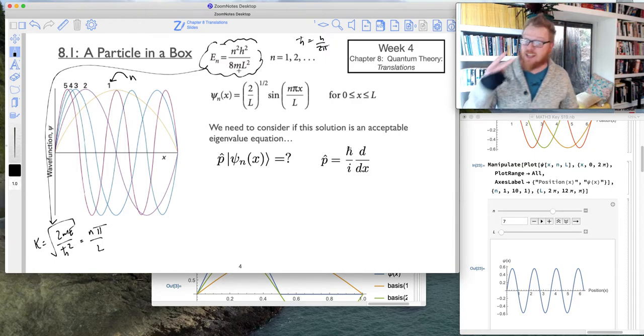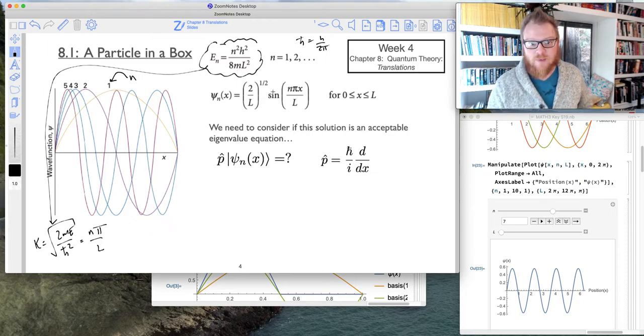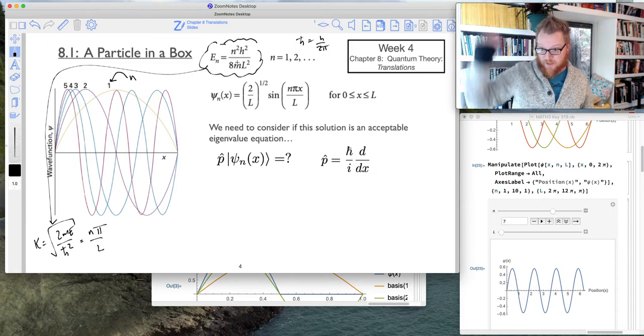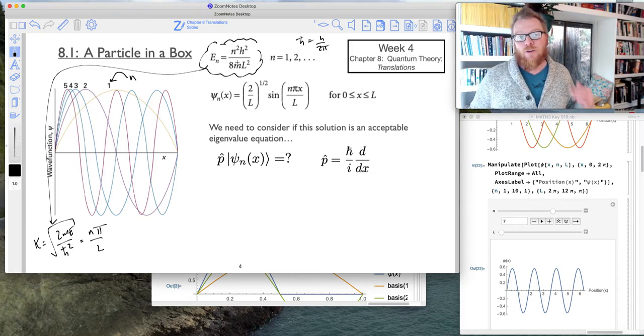However, when n is equal to 2, it goes up by the square, so it becomes 4 times h squared divided by 8mL squared. When n is equal to 3, it goes up by the square again, to 3 squared is 9 times h squared divided by 8mL squared. So we're going to see some pretty cool implications from this.